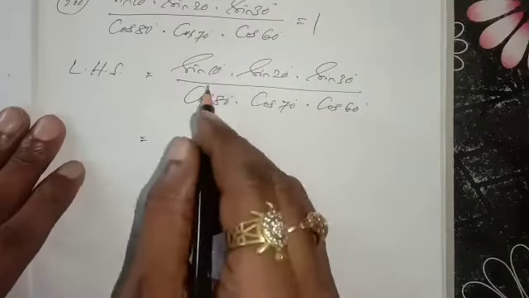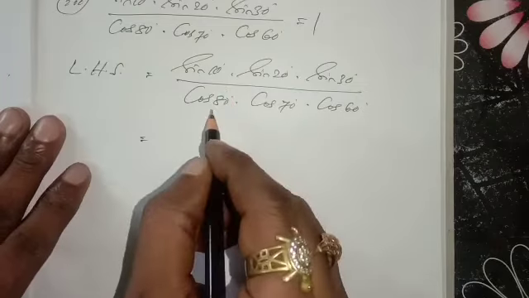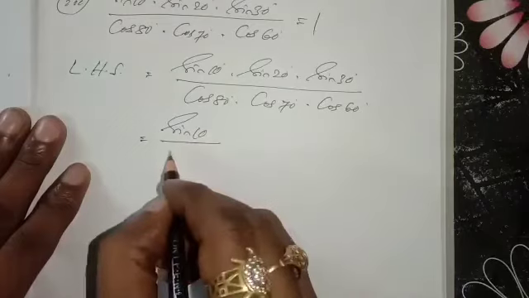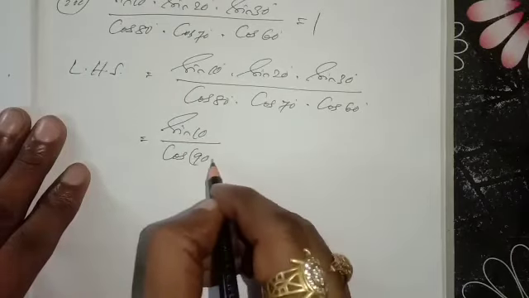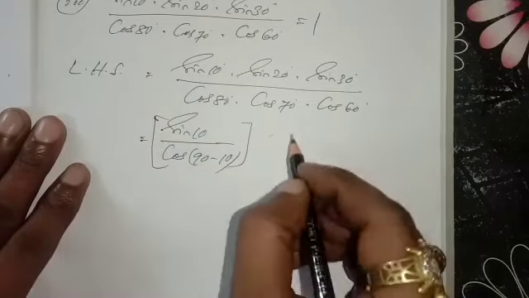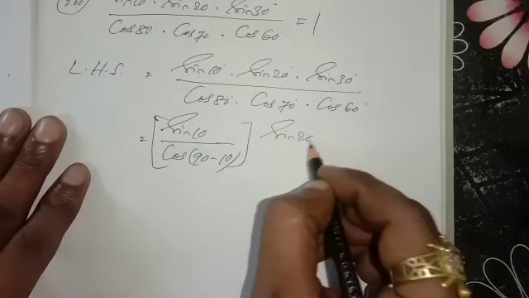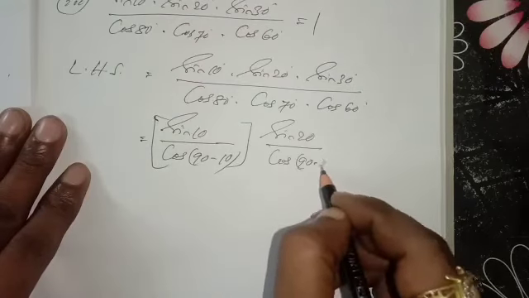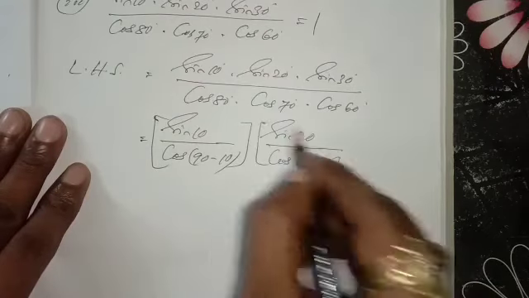See, sin 10 and cos 80: cos 80 you can write as cos 90 minus 10. Okay, make one group here. Second one, sin 20 and cos 70: I can write 70 as 90 minus 20. This will make another group.